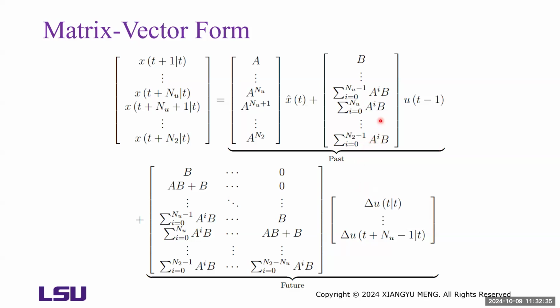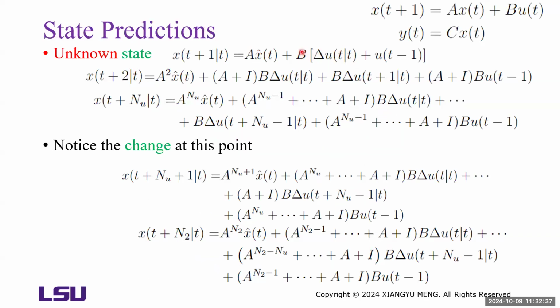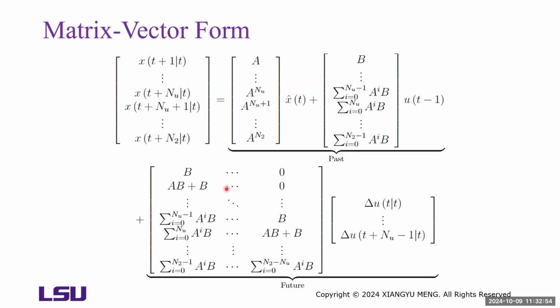Then for the delta, we have this b. The first row starts with b. In the second row, we have ab plus b. Then for the next one, it will be b. So here we have ab plus b, b, and 0, 0.